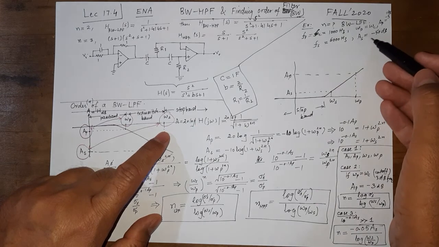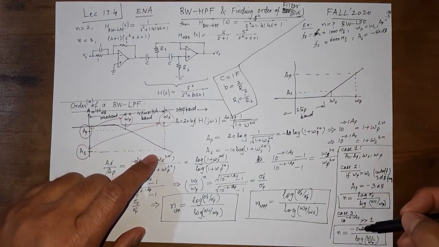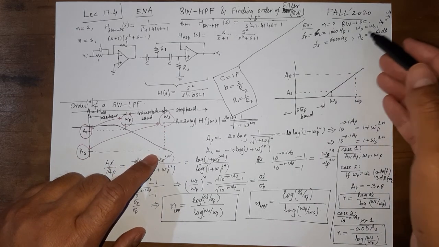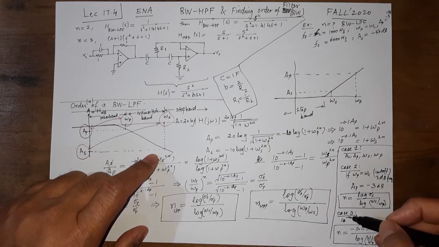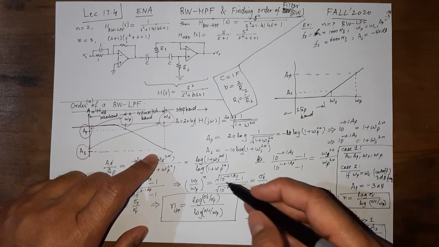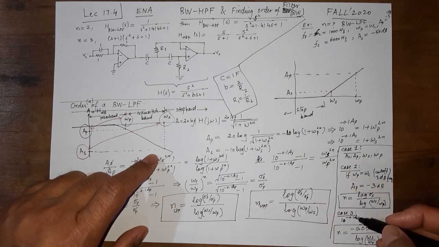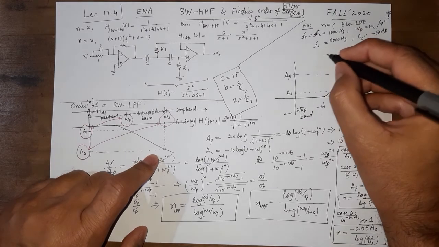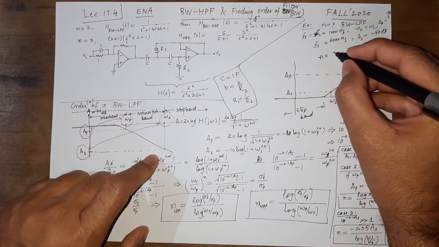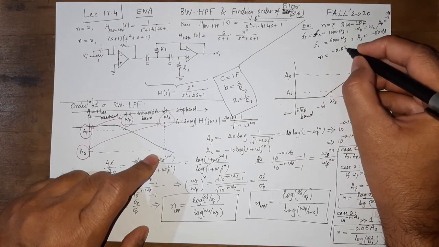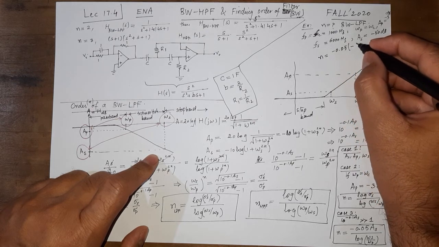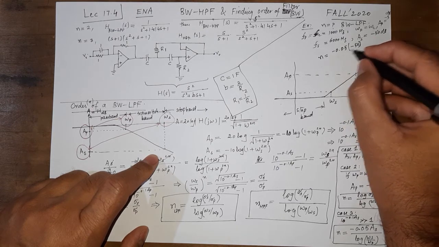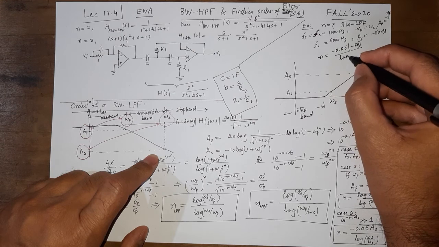So we can see that if AS is minus 50, then minus 50 times minus 0.1 is 5, and 10 to the power 5 is 1 lakh. 1 lakh minus 1, so 1 lakh is much greater than 1. Therefore we can use this simplification and say the order of the Butterworth filter will be minus 0.05 times AS, which is minus 50, divided by log of Fs over Fp.